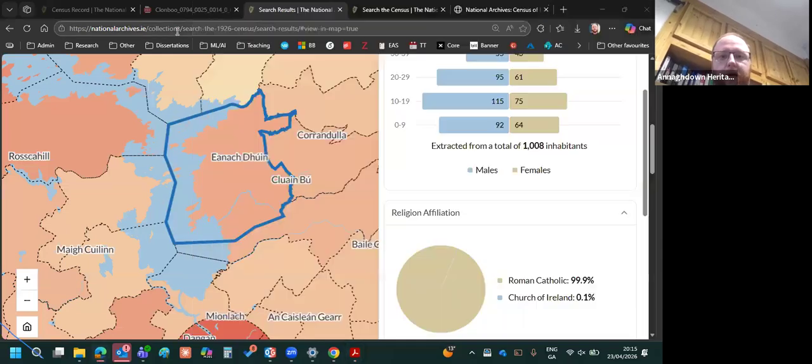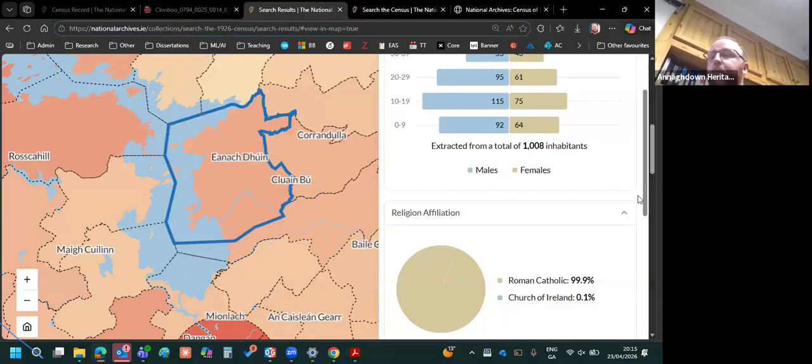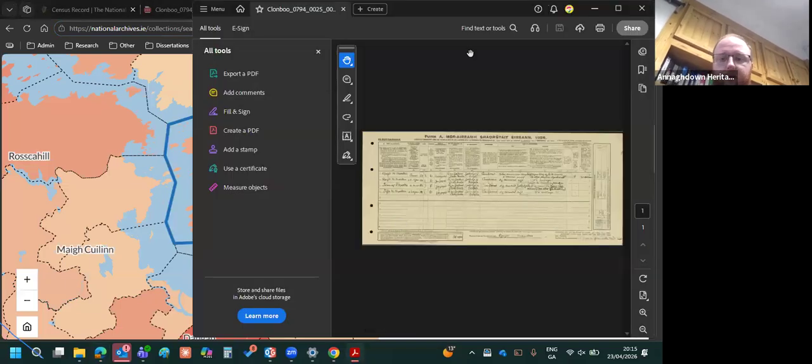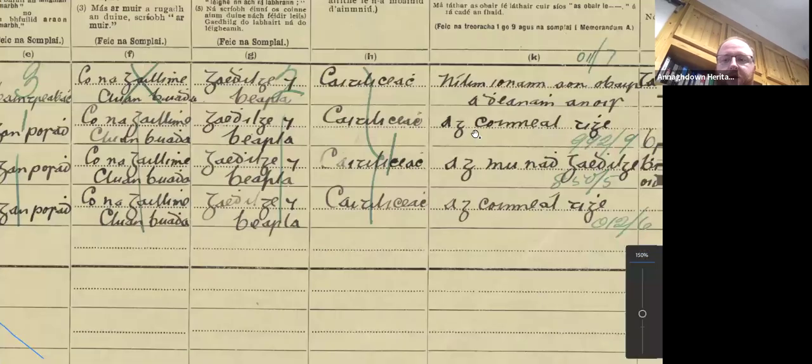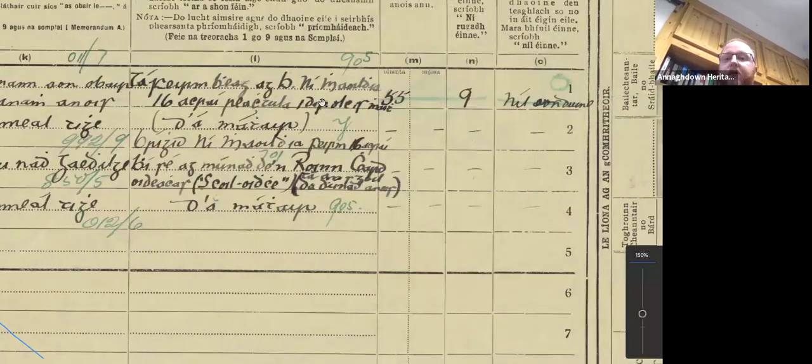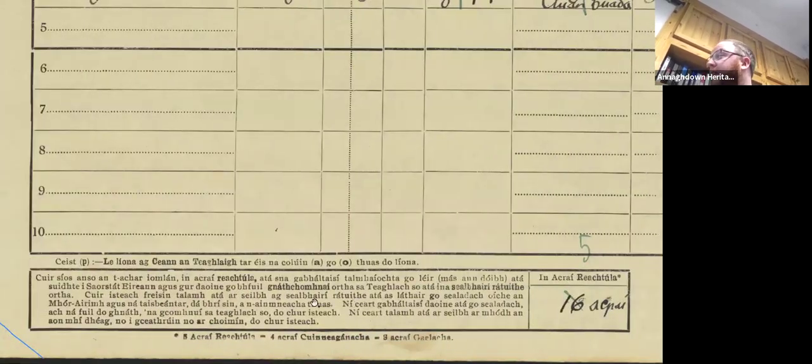What else can we say? If somebody was employed on the farm, they were required to give that information in this box here, but also at the bottom of the form, it asks how many acres the head of household was farming if they had land.